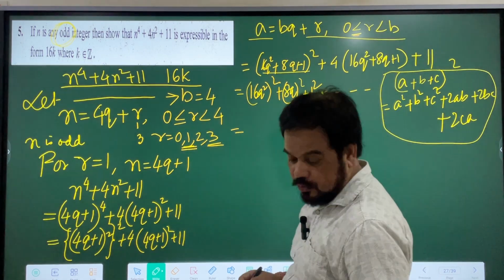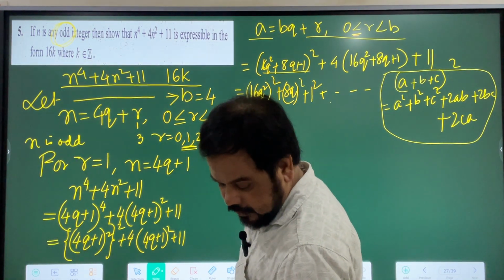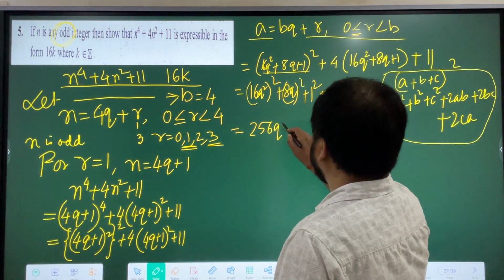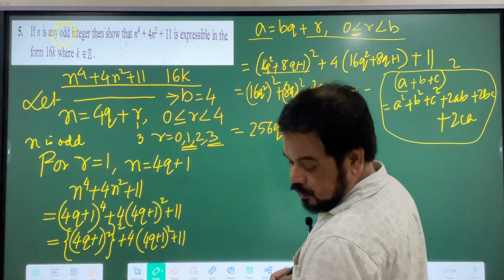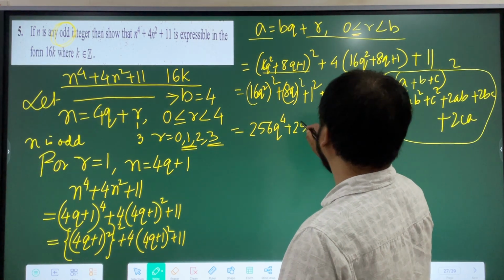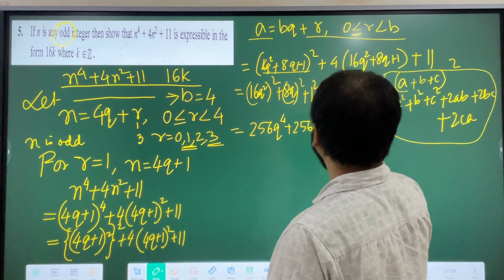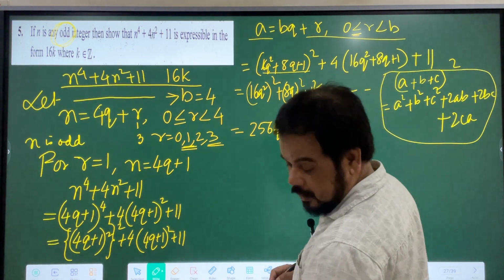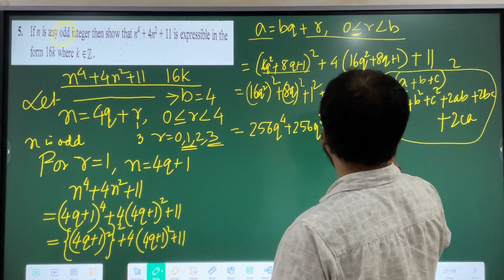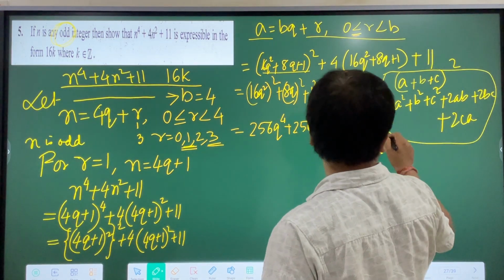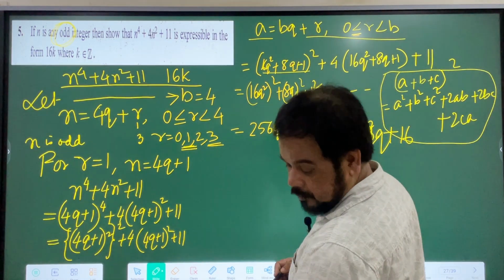After the calculation, at last we get 256q to the power 4 plus 256q cube plus 160q square plus 48q plus 16.